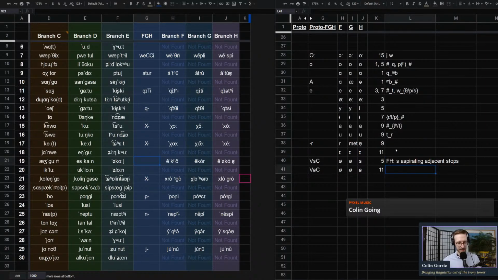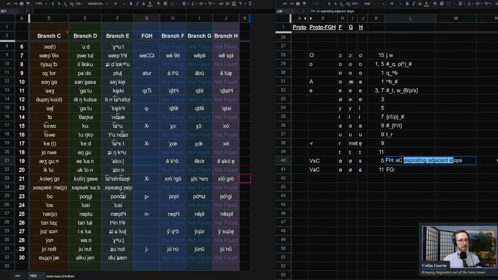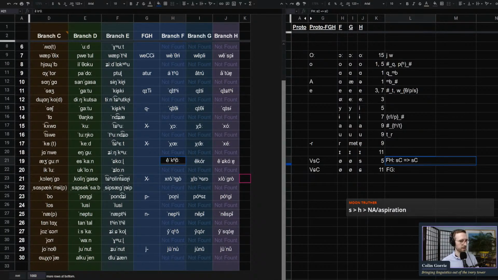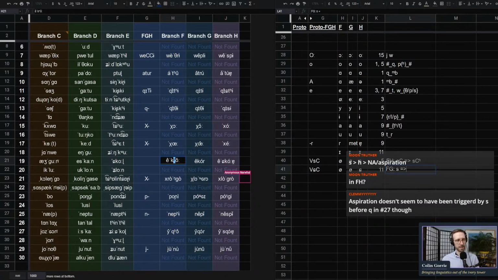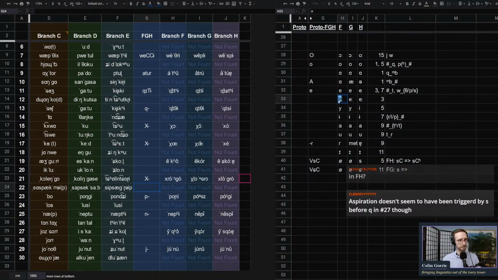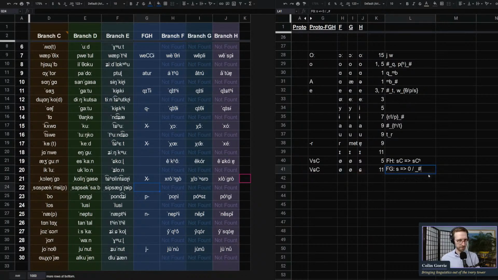And then in F and G, it's basically SC to SC, and then our little aspiration diacritic here, and then SC, S drops out before, where did it go? Let's put 0 before consonant.